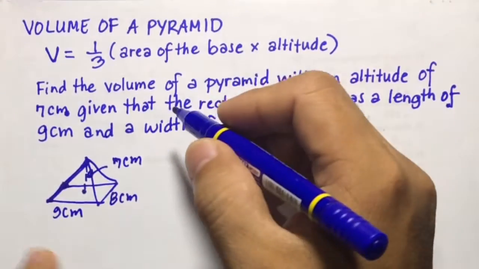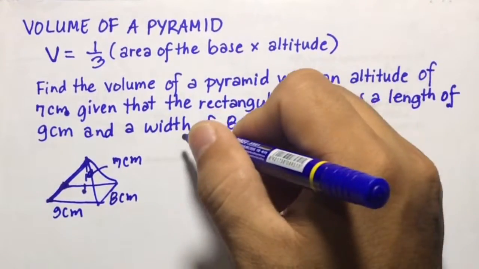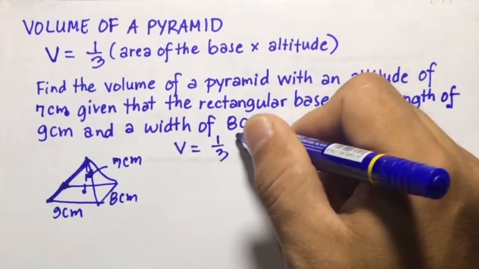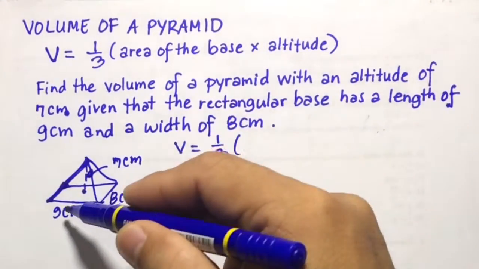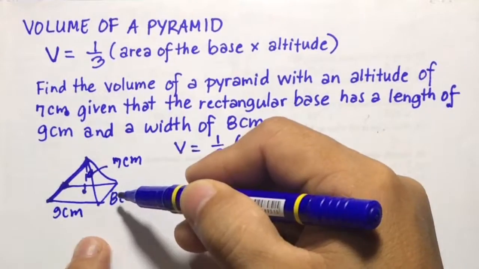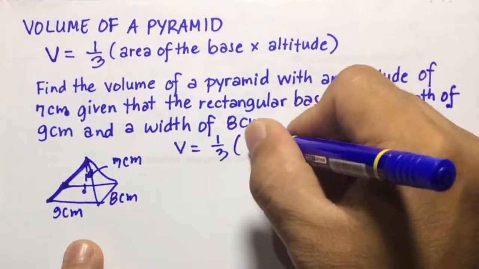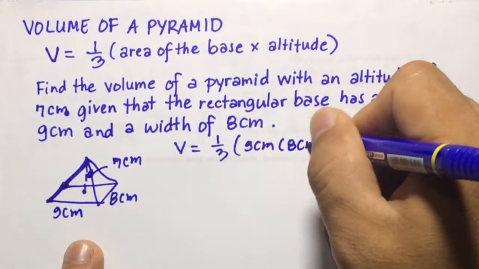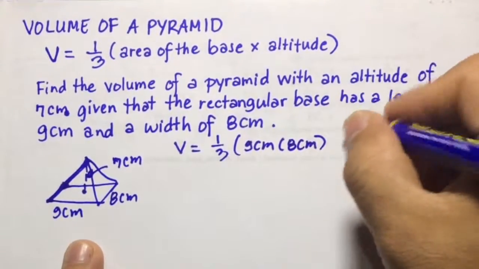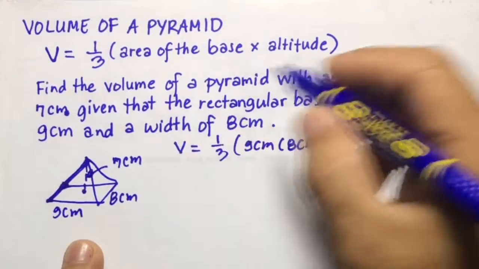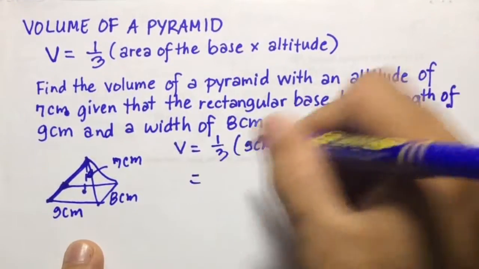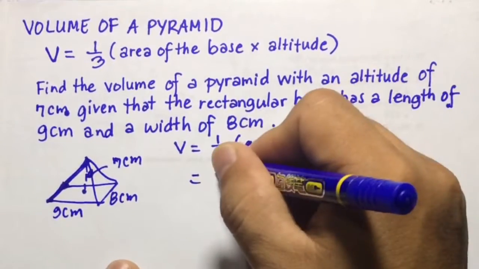So solving the volume of this pyramid, we're going to have volume equals 1/3 times area of the base is 9 cm times 8 cm because this is a rectangle. So 9 cm times 8 cm, then times the altitude, which is 7 cm. So 9 times 8 is 72.